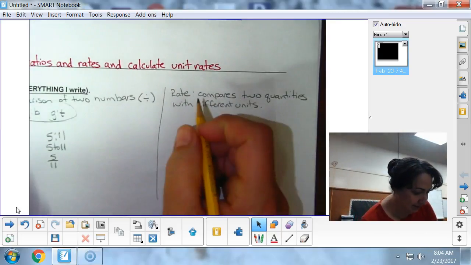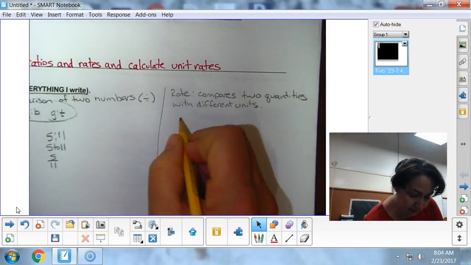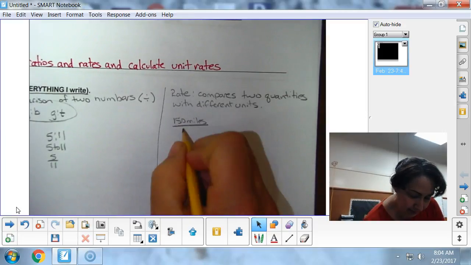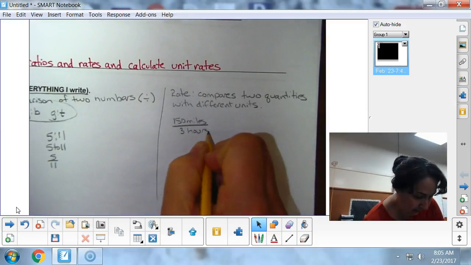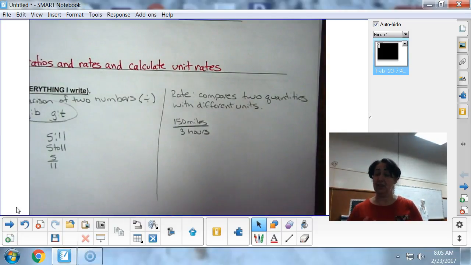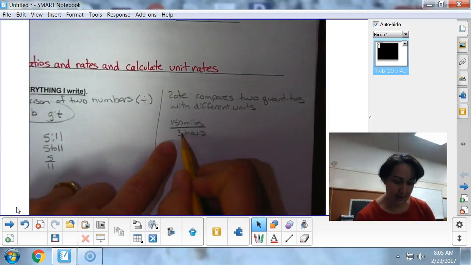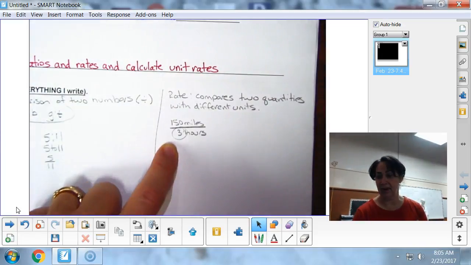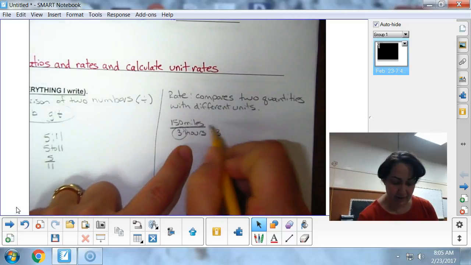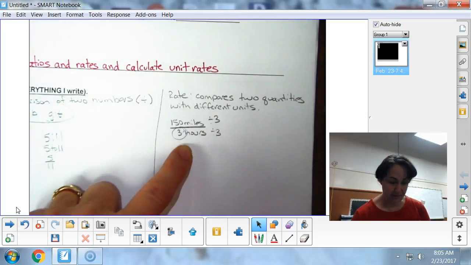So an example might be we drove 150 miles in 3 hours. So to find the unit rate, we want this bottom number to be a 1. To do that, we would divide by 3. And if we divide the bottom by 3, we would have to divide the top by 3.